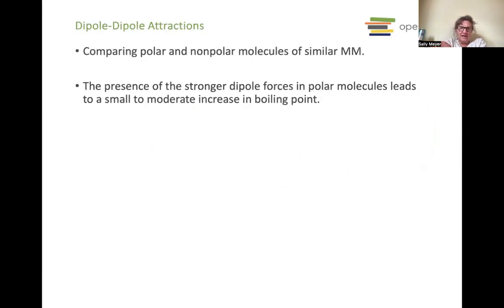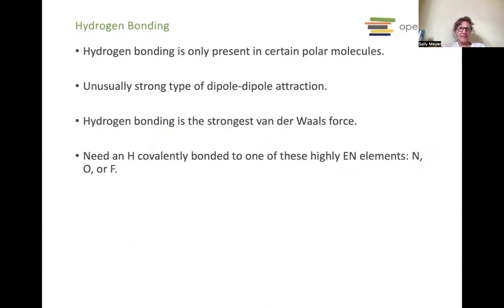So comparing polar and nonpolar molecules of similar molecular weight, the presence of the stronger dipole forces in a polar molecule leads to a small to moderate increase in the boiling point. So this dipole force tends to be stronger than the dispersion force.